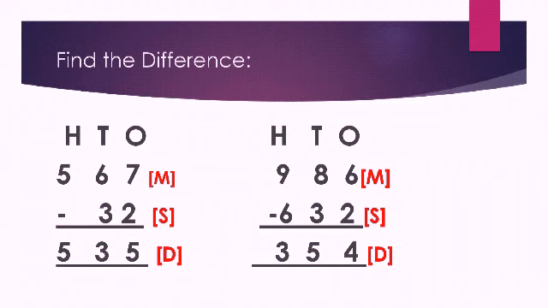Now 567 is the greater number, that is, from this number we are subtracting 32. So 567 is the first number in the subtraction.